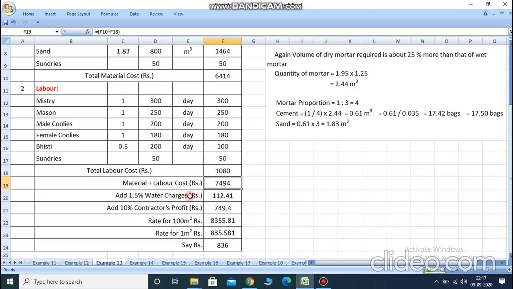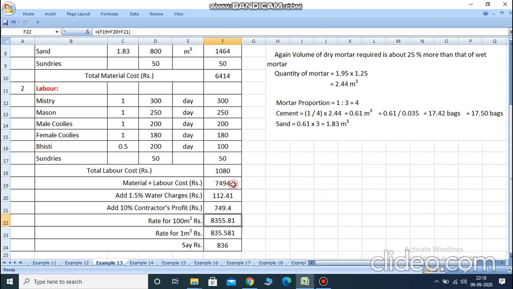Now we add water charges because water is required. So here 1.5% water charges we add. So 7494 multiplied by 1.5%, we got the answer 112.41, and we add a 10% contractor profit. So 7494 multiplied by 10% means 749.4 rupees as contractor profit.